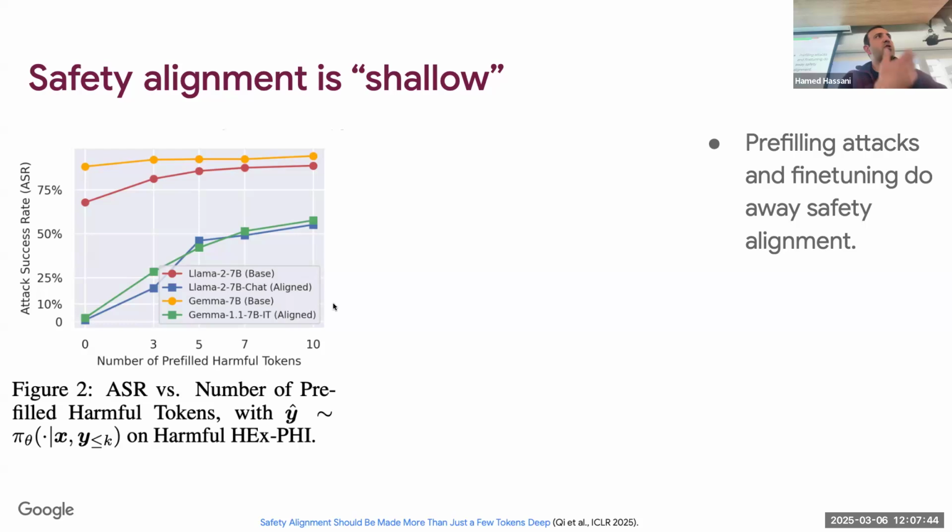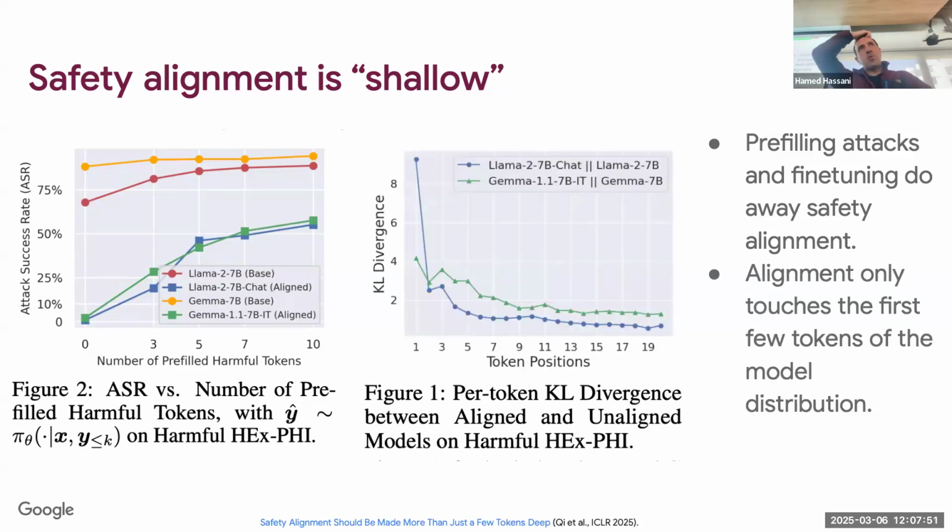And this is not just pre-filling; there are a lot of different types of attacks that can trigger these models. One thing we identified is that there is a common underlying phenomenon that is the culprit: when we do the fine-tuning of the models, we are mostly touching the probability distribution over the first few tokens, mostly teaching the model to refuse.